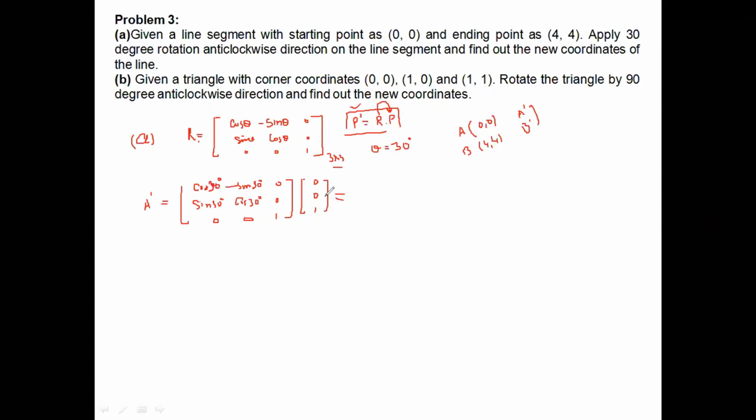You can easily see that the points are given as 0 0, so when we multiply you will get 0 0, but still we will write the values of cos 30 degree and minus sin 30 degree so that they can be used further. You should know how you are going to solve the problem, because you cannot say directly that it is 0 0. You have to put in the values of cos 30 degree, which is 0.8660, minus 0.5, 0.5, 0.